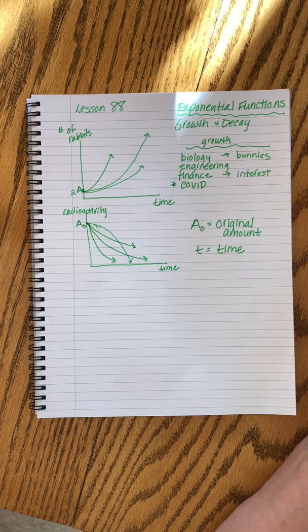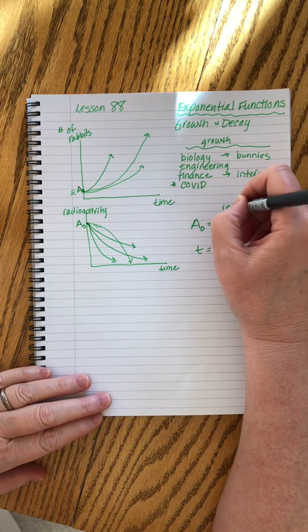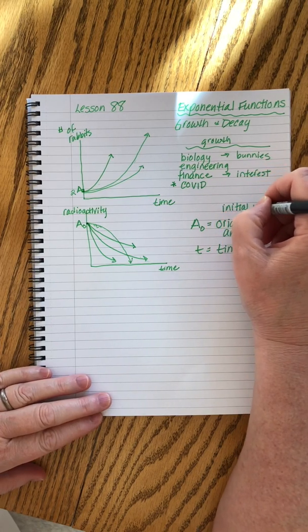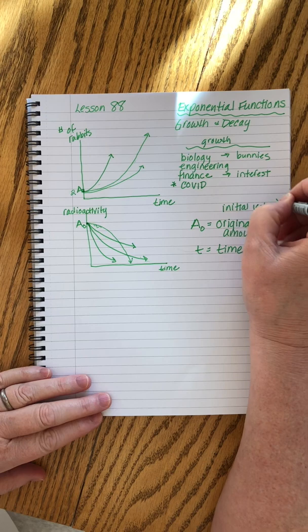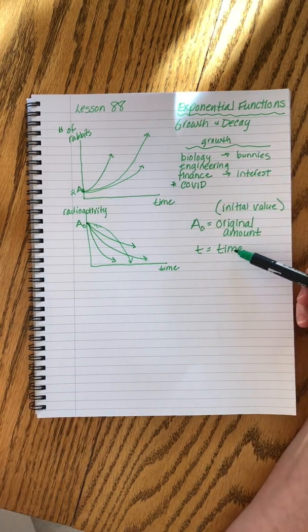All right. This can also be referred to as the initial value. Different words that mean more or less the same thing. Time is time. It can be measured in days, years, minutes, seconds. It just needs to be consistent, right?